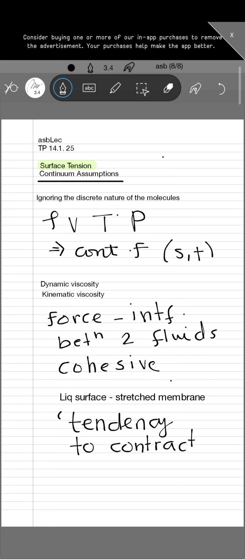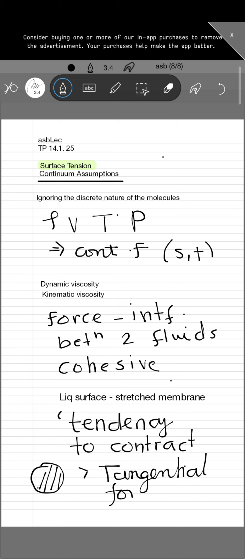Since it is contracting, as we have seen in the case of the soap film, it means that there exists a tangential force which makes the film contract.